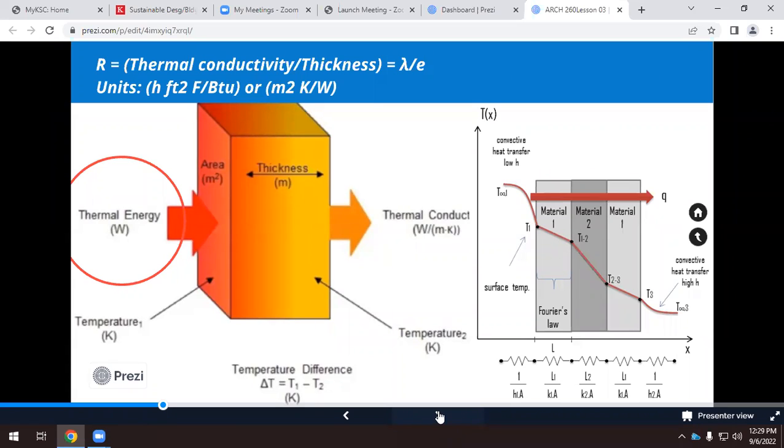At that time, they didn't have those materials. So if they wanted to create a good architecture, they had like 2 or 3 or 4 or 5 foot walls. So they increased the thermal resistance by increasing the thickness. Nowadays, we have to increase the thermal resistance by decreasing the thermal conductivity.